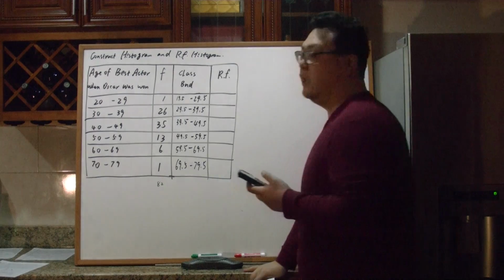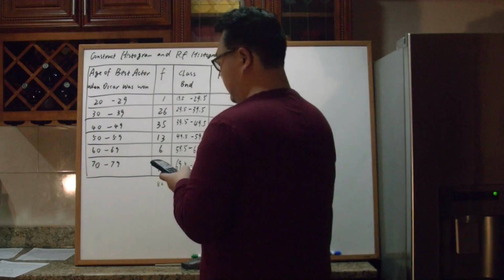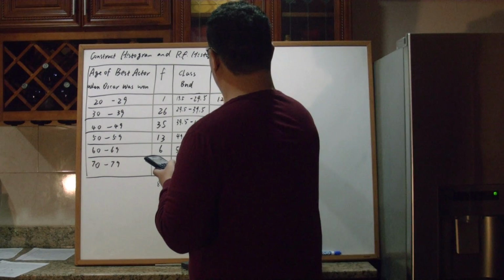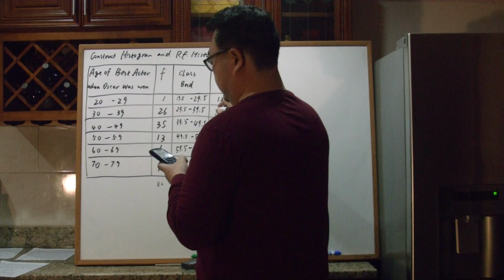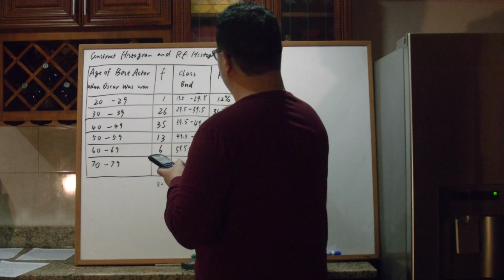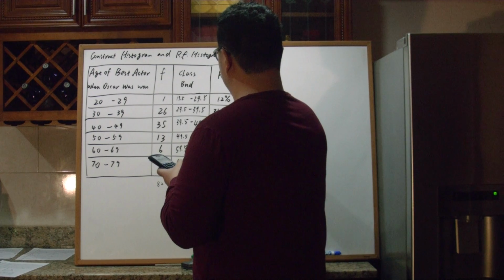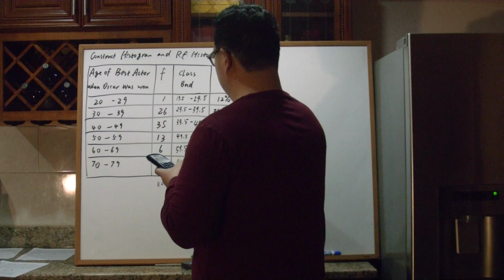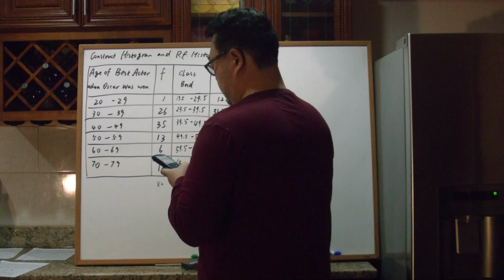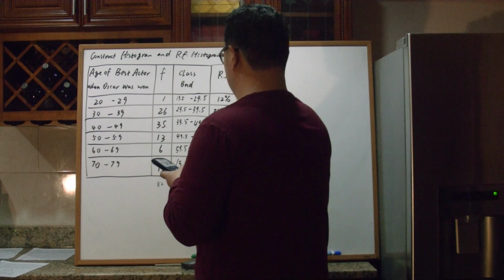For relative frequency, we just divide each one by the total: 31.7, 42.7, 15.9, 7.3, and 1.2.